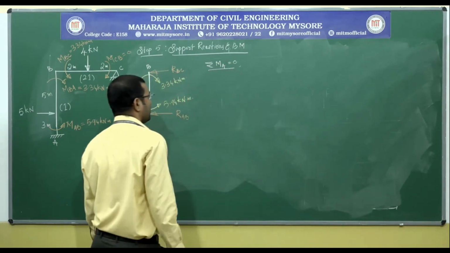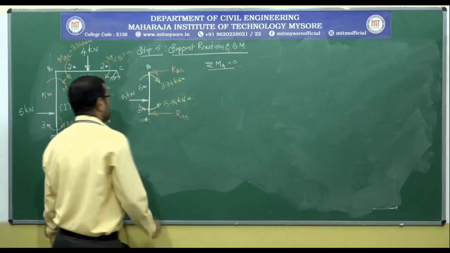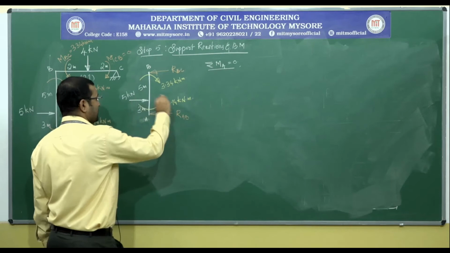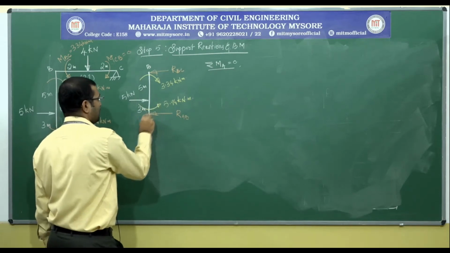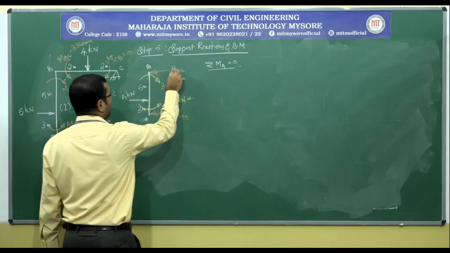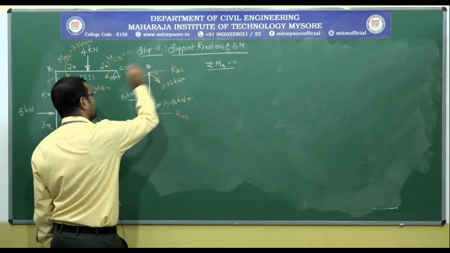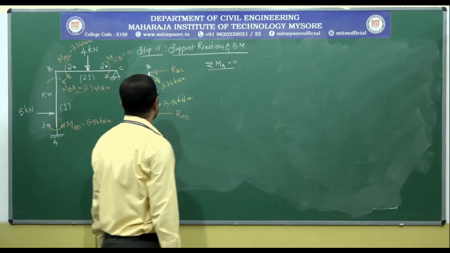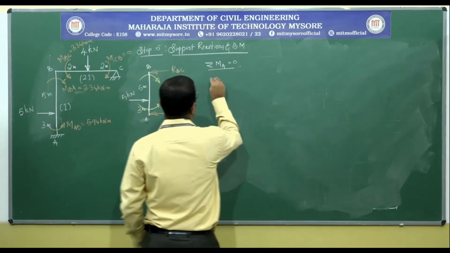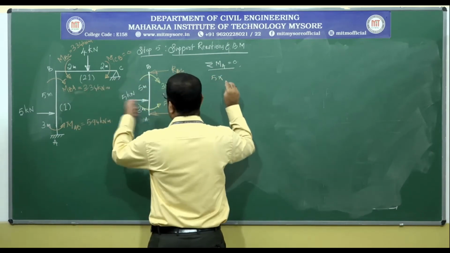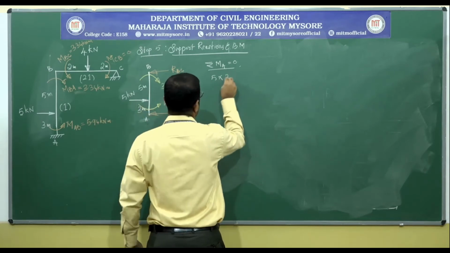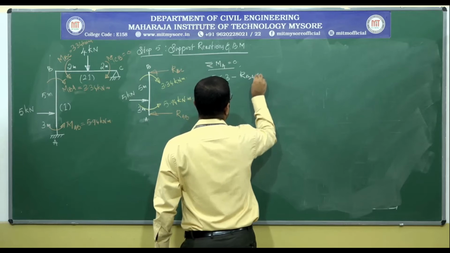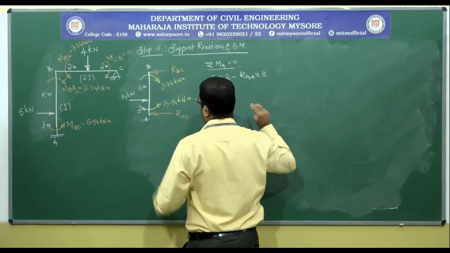If I impose this moment condition at A, then this 5 kilonewton force creates a clockwise moment about A, whereas this reacting component creates an anti-clockwise moment about A. So this is 5 into its perpendicular distance 3 minus RBA into perpendicular distance 8.